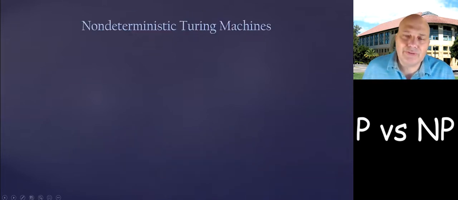So to define non-deterministic polynomial time, NP, we will start by reminding ourselves what are non-deterministic Turing machines, and we'll do it with a little bit more detail than when we described it before, because before it didn't play such a major role.